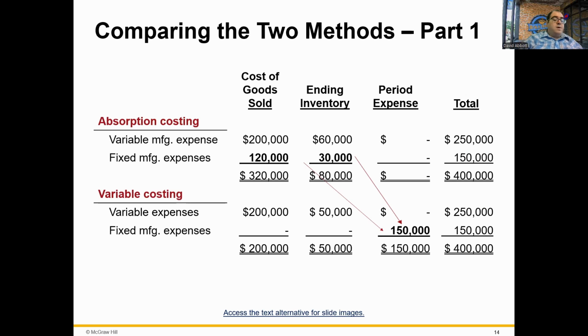The variable costing ending inventory is 30,000 less than absorption costing, thus explaining the difference in net operating income between the two methods. The difference of 30,000 can also be reconciled by multiplying the number of units in ending inventory, which is 5,000 units, by the fixed manufacturing overhead per unit, which is $6, that is deferred in ending inventory under absorption costing.